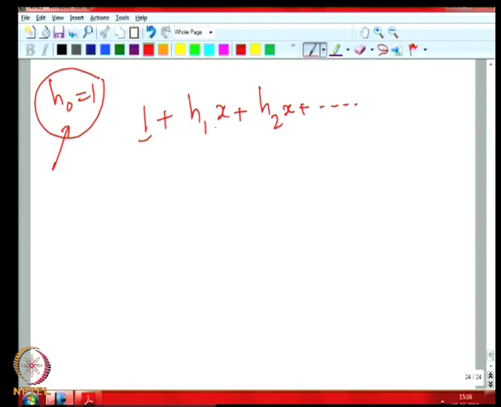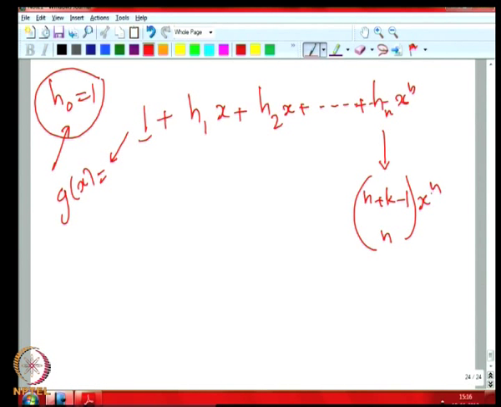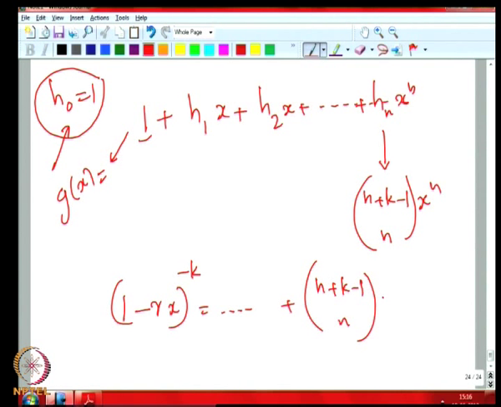So this generating function, the sum of hn x raised to n, is what I want to evaluate. This is g of x, and we know that hn equals n plus k minus 1 choose n. Now if you take r equal to 1 in the earlier formula we derived, 1 minus rx whole power minus k, the nth term becomes n plus k minus 1 choose n into r raised to n, x raised to n, as the general term.